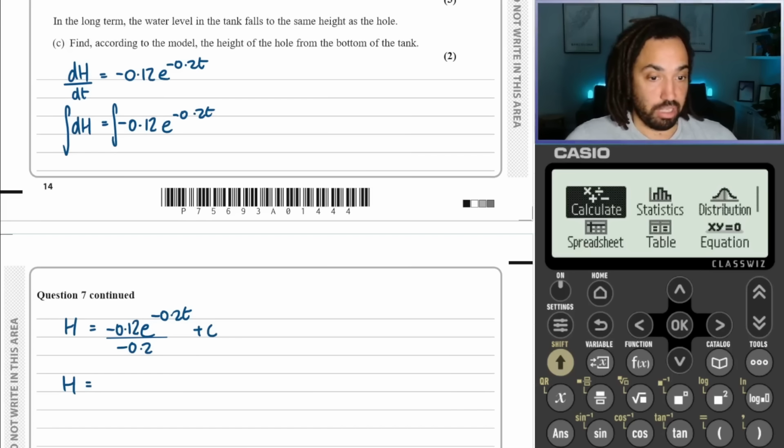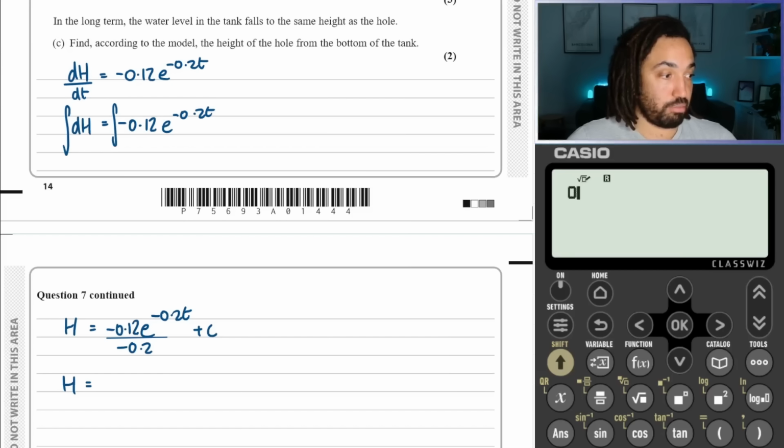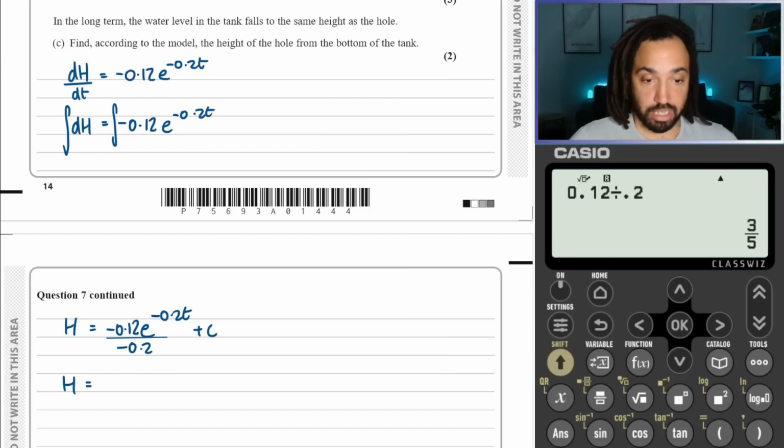Well, the two minuses will cancel out, so really I just need to do 0.12 divided by 0.2. And we get 3 over 5. Great. So 3 over 5 e to the minus 0.2t plus c.